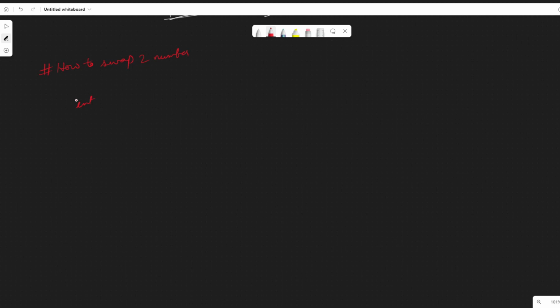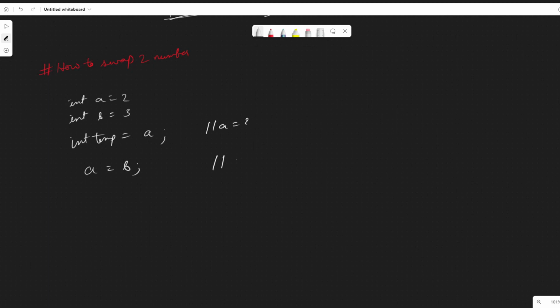In the general method, we take two numbers, integer a and integer b, and define the values 2, 3. We take a temporary variable which holds the value of one of the variables, and then we exchange with the other. a is equal to b.